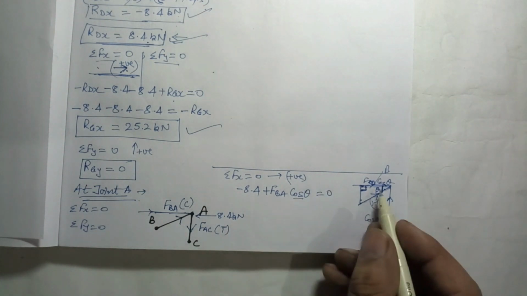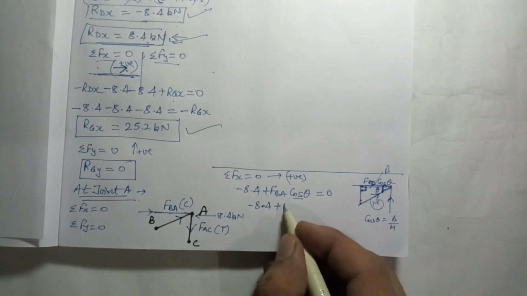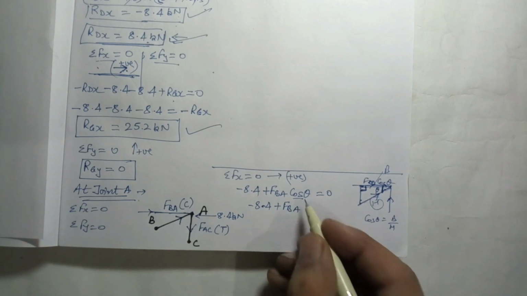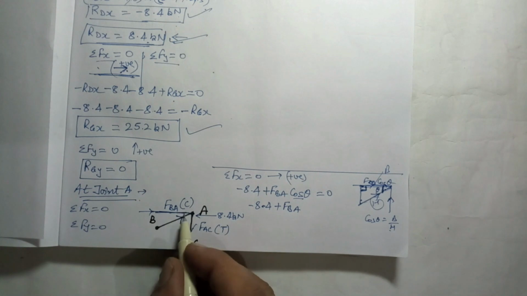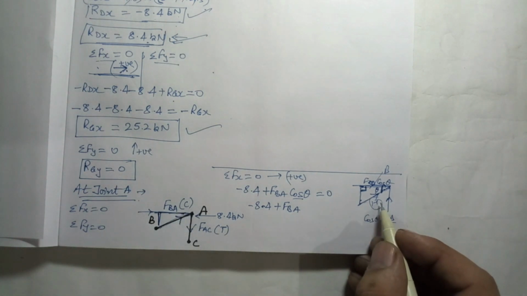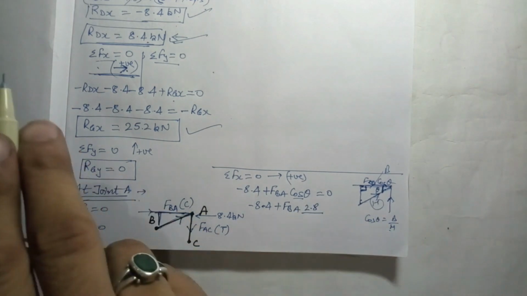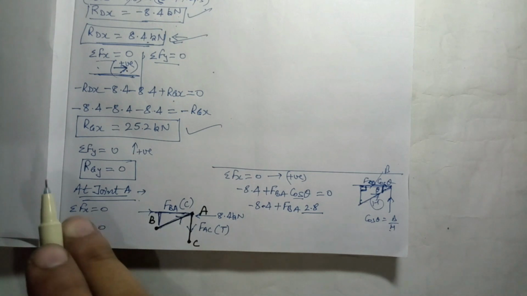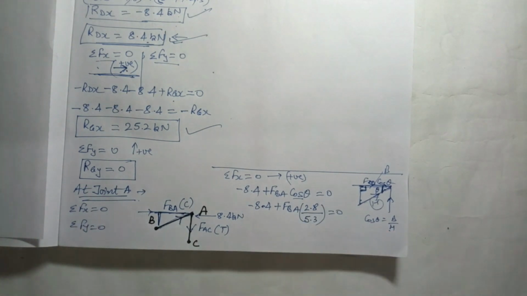Now cos theta we have calculated, so minus 8.4 plus FBA times cos theta. Cos theta is equal to base over hypotenuse. Here the base is the perpendicular side and this is the hypotenuse. So the base is 2.8, divided by the hypotenuse, we have calculated the value of AB, that is 5.3. So 5.3, that is equal to 0.